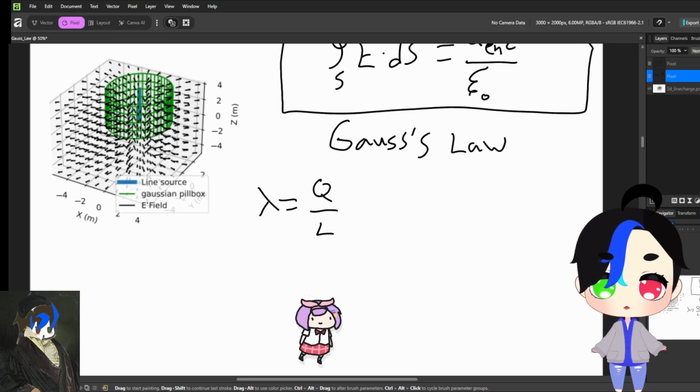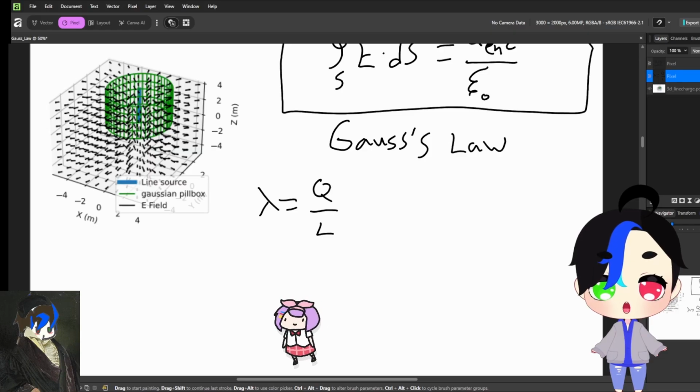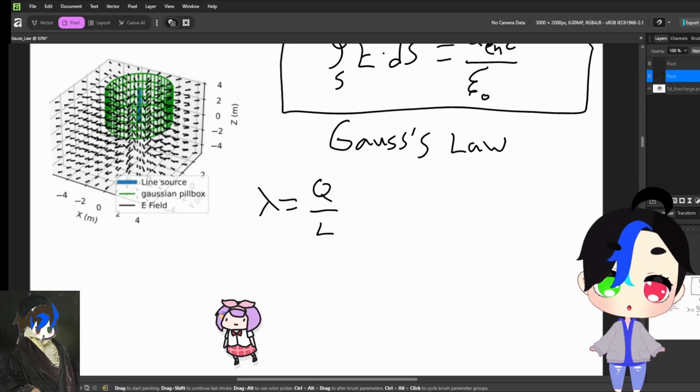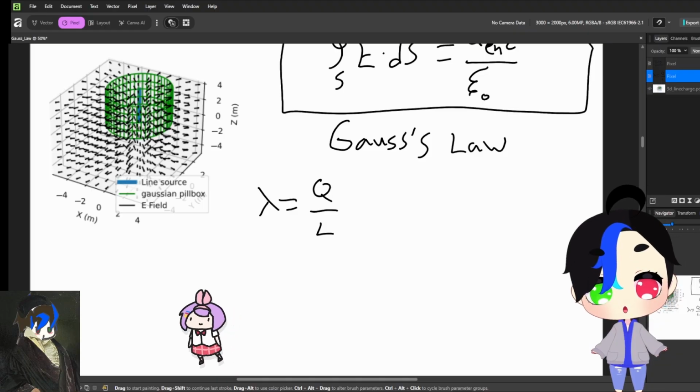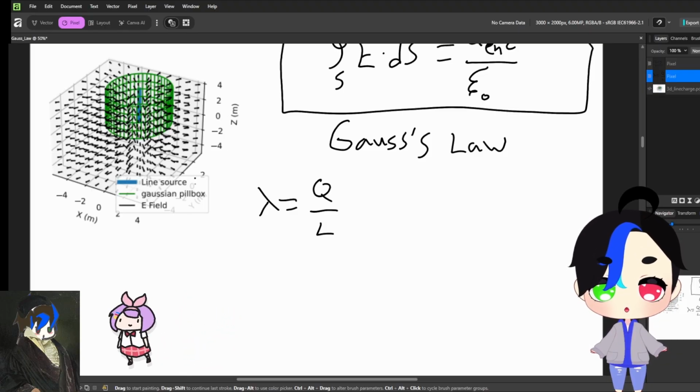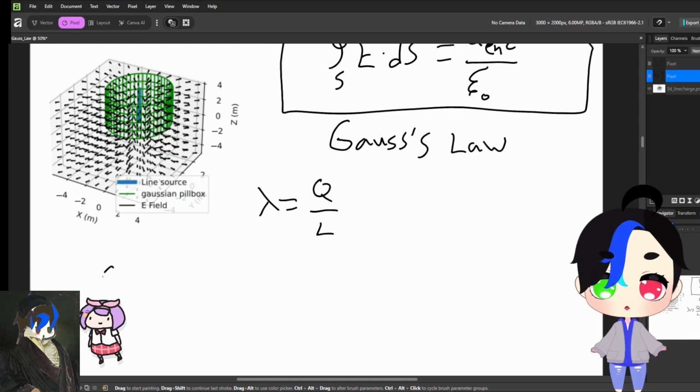Whatever surface we pick, we call it a Gaussian surface. Hence Gaussian surface. I exist purely to make electrostatics problems easier.